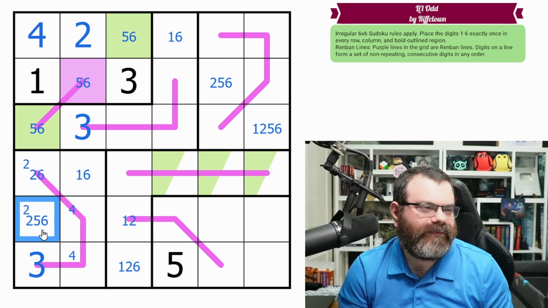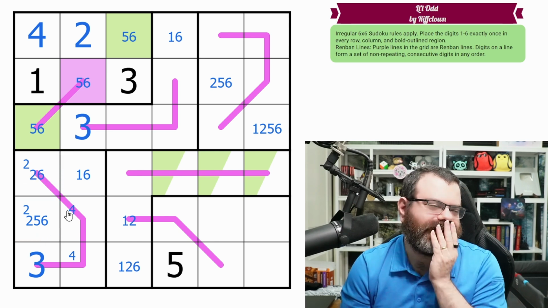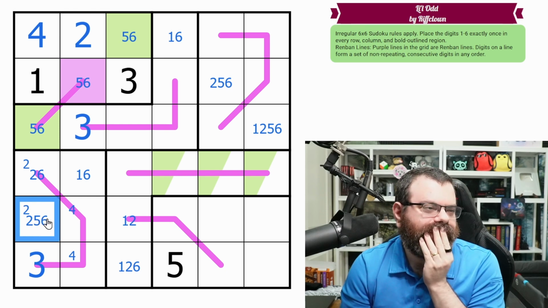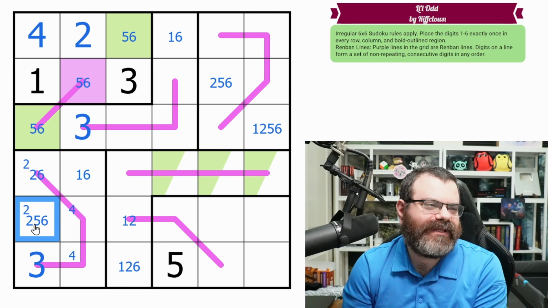So 5 would force 6 here. Five would force 6 here, but this would be a 2. But 2, 6 isn't an outie. So I don't think this can be 5. I'm just thinking about the outie extremes here. If this was a 5, right? 5 and 2 are both interesting.